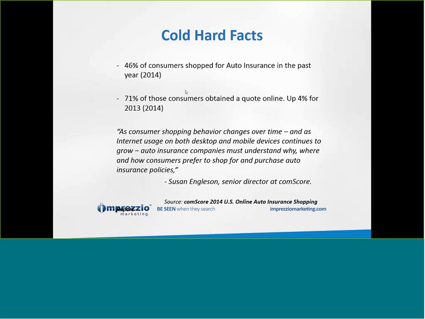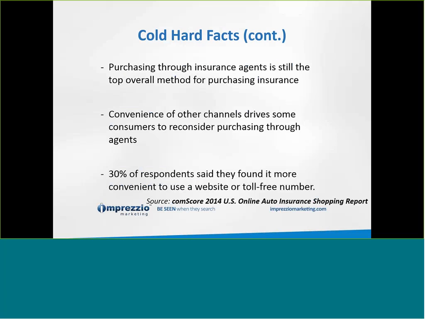One of the ways they do it here: purchasing through insurance agents is still the top overall way people search for insurance. One of the most common answers, though, is that the convenience of other channels is what drives some consumers to purchase through them. 30% of the respondents also said they found it more convenient to use a toll-free number.